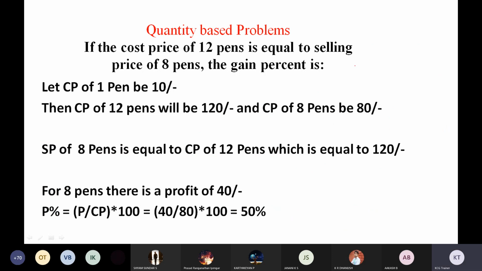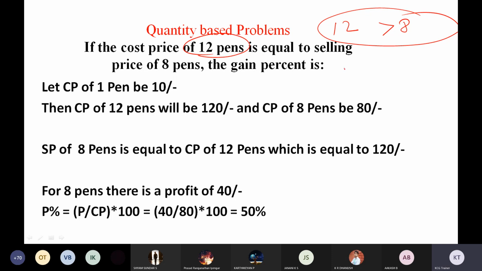See, the logic is very, very simple. How many pens is he buying? He is buying 12. How many is he selling? 8. If the number of pens bought is more than the number of pens sold, the question is always to calculate profit percentage.